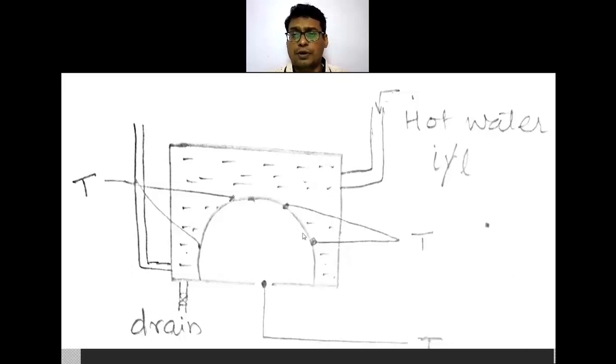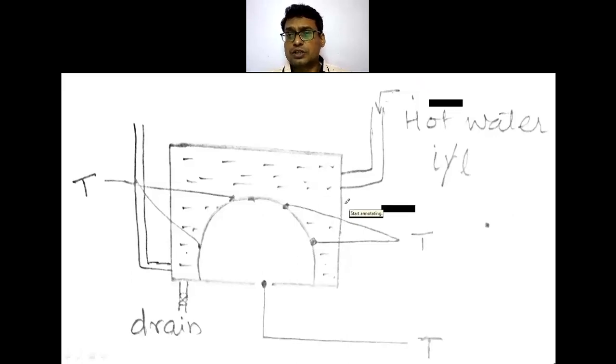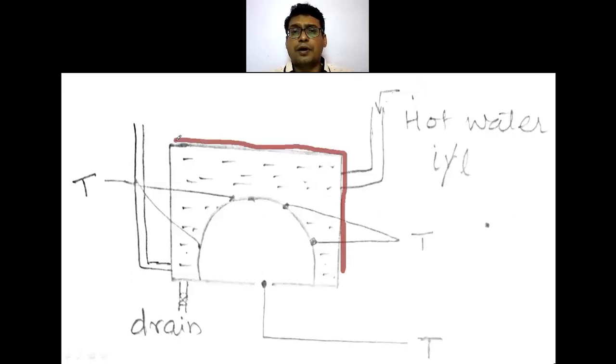This hot water, at around 80 to 90 degrees Celsius, is maintained inside, and the outer vessel is completely insulated so that we can assume no heat losses. We are trying to maintain a constant temperature of water in this annulus section.